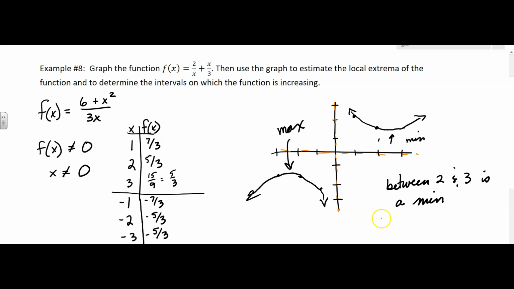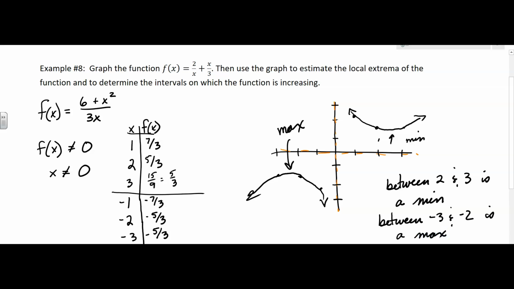And then between -2 and -3, I should say -3 and -2. I should go left to right. Let me fix that. -3 and -2 is a local max.